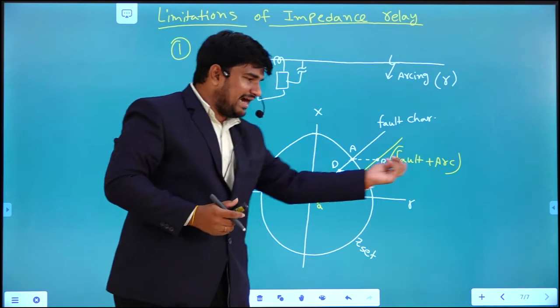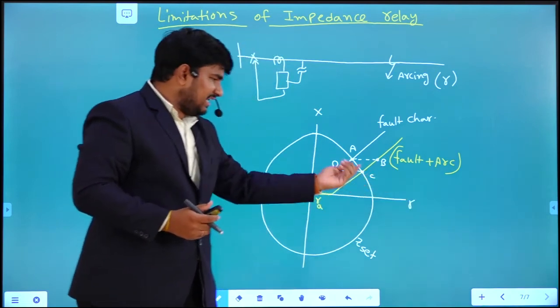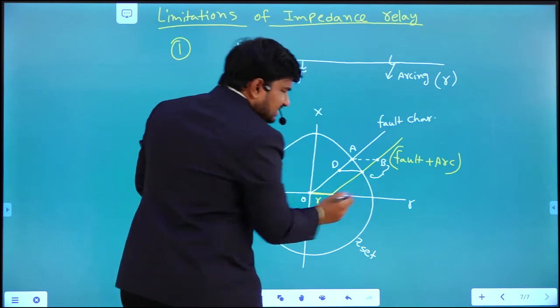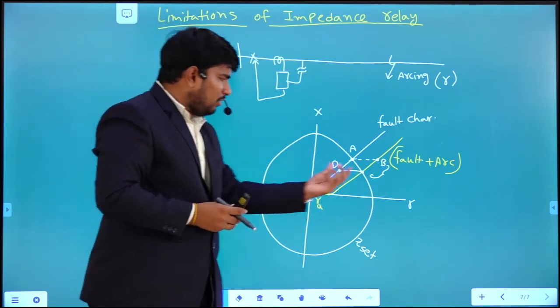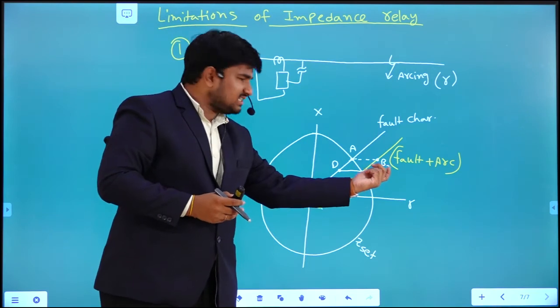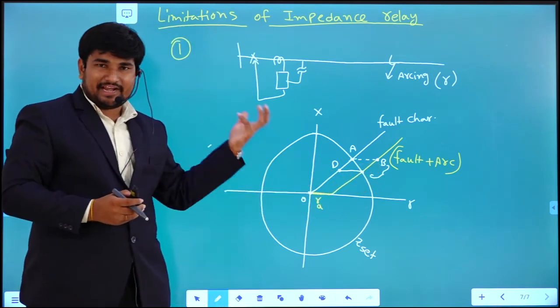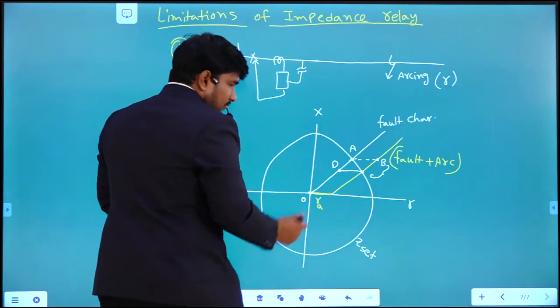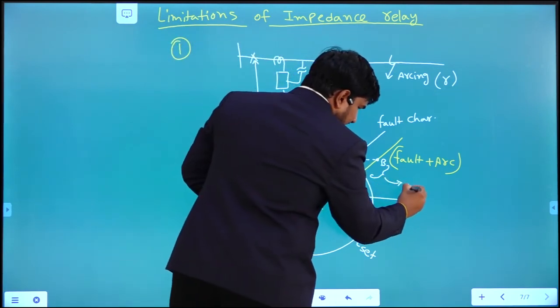But because of adding this arc resistance, the reach is reduced, right? The distance BC has been reduced. That's why we call it underreach.